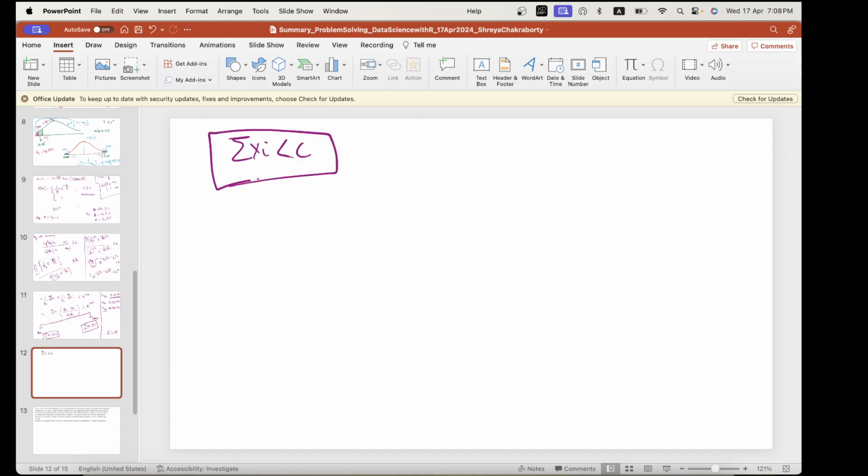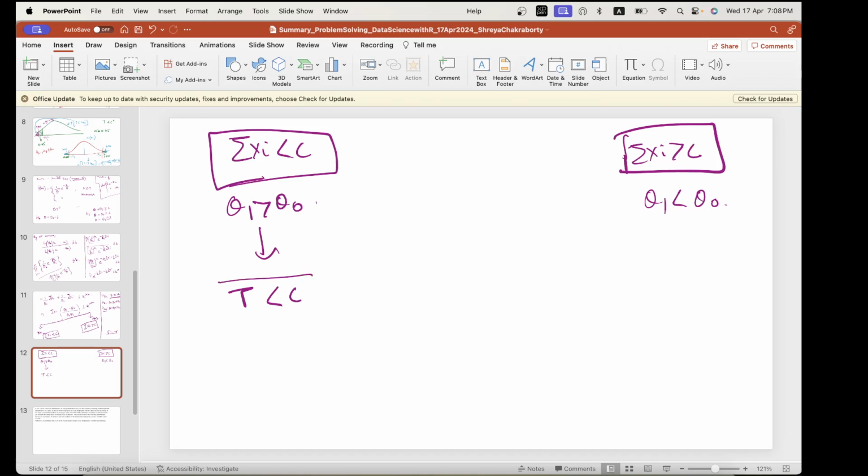Summation xi less than c if theta 1 is greater than theta naught, and summation xi greater than c if theta 1 is less than theta naught. These are the two cases that we are considering. So your test statistic t under h naught will be t less than c, and this will also be t greater than some c prime or something.